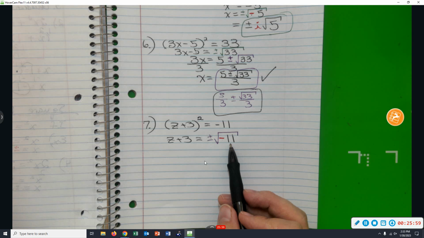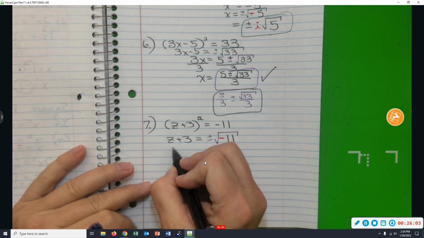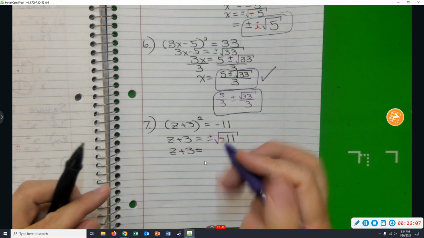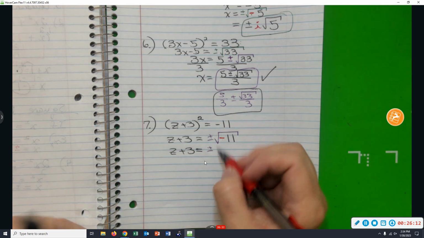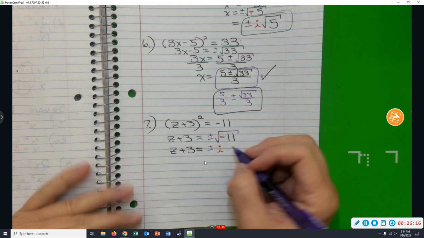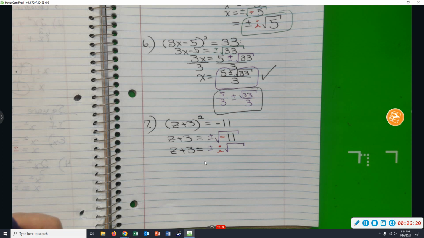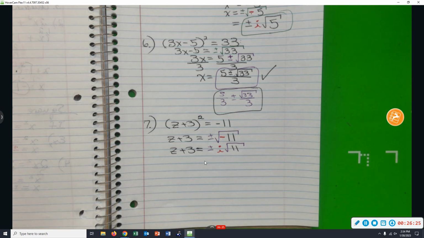Can we reduce the square root of 11? Nope, can't reduce it. So we just have z plus 3 equals plus or minus. We put the i in front of the radical so it's clear that the i is not underneath the radical. And what do we do with 11? Leave it under that radical.